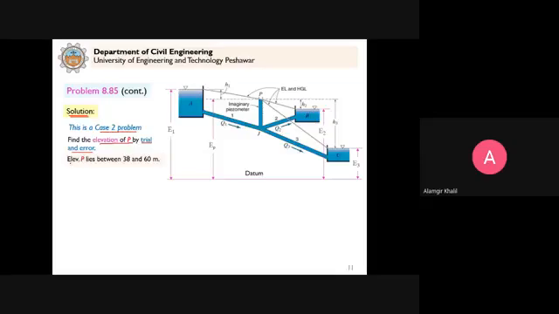So EP elevation lies between 38 and 60 meter. This is 60 meter, E1, which is given as 60 meter, and this is 38 meter, E3, which is given as 38 meter.